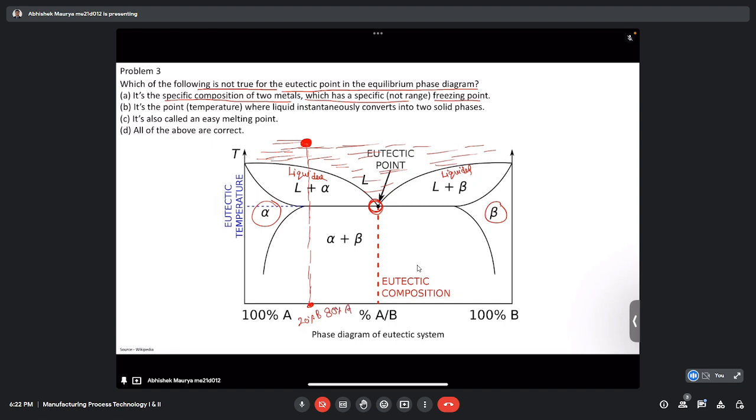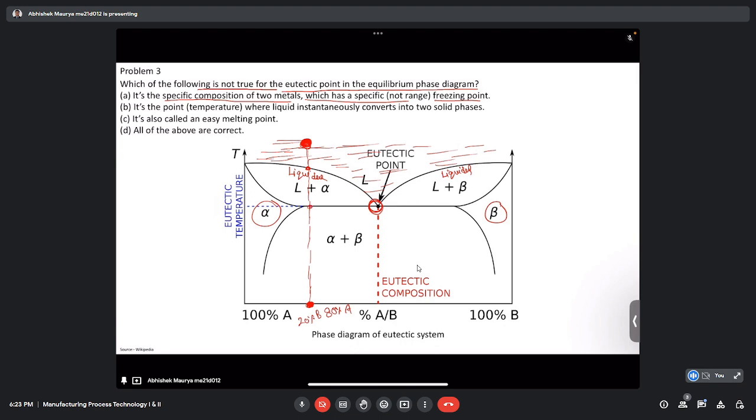We heat it sufficiently so that all the material melts, so we will be here. Now we decrease its temperature and see what happens. At this point the liquid starts to solidify, meaning some of the material solidifies, and liquid and solid phases remain together.